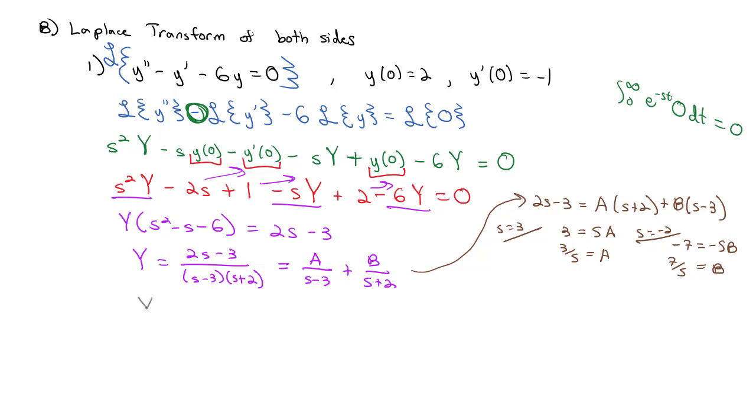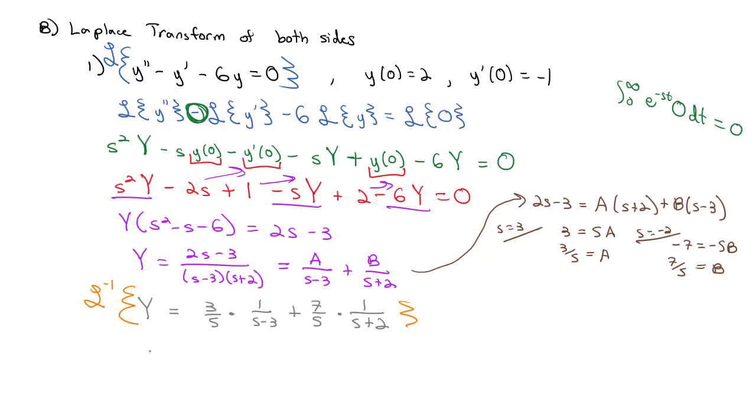which means our Y is equal to A, we'll put the 3/5 out front, times 1 over s minus 3, plus B, which is 7/5 out front, times 1 over s plus 2. To figure out our solution, we can do the inverse Laplace transform of both sides.